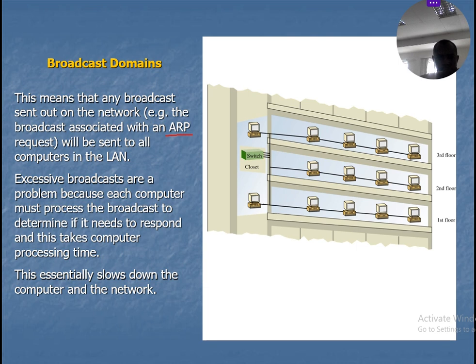So if the router issues this ARP, that's address resolution protocol, this ARP will be sent to all the computers on the network. That's the meaning of broadcast domain, to broadcast it to all the computers on that local area network.